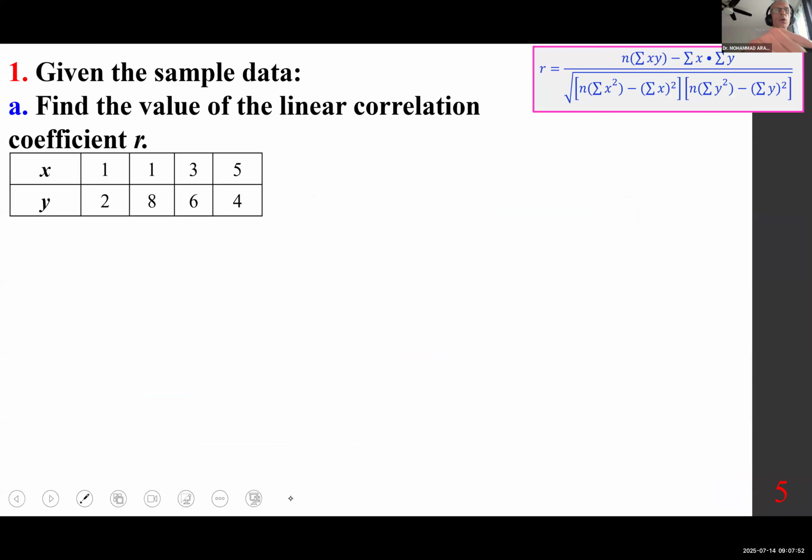Now let's actually work on the question that was given in the first place. So we are given the data, and here's the formula, everybody.